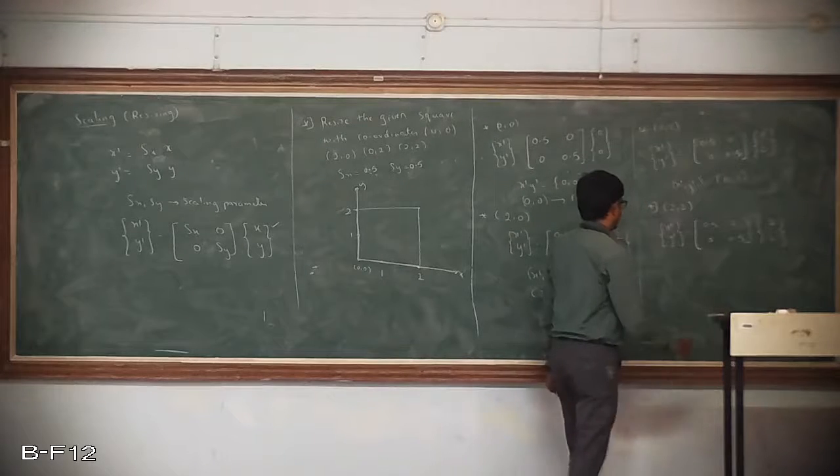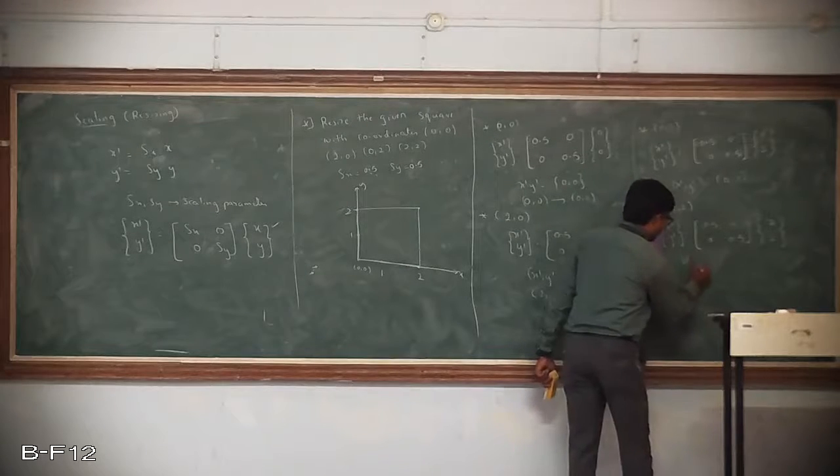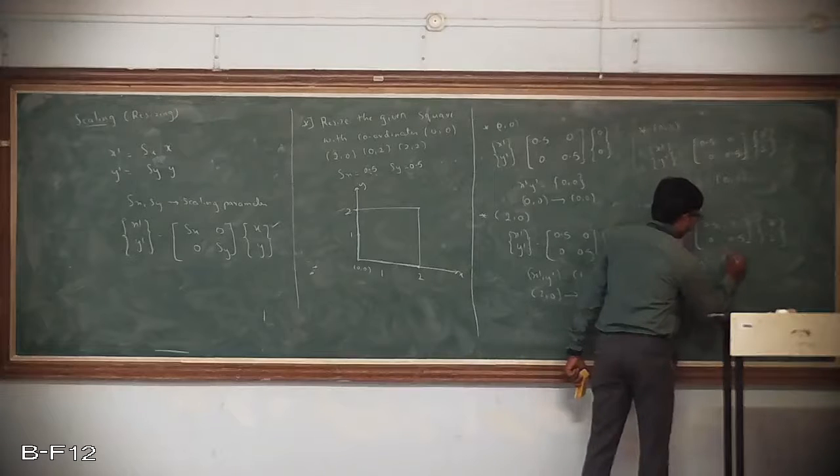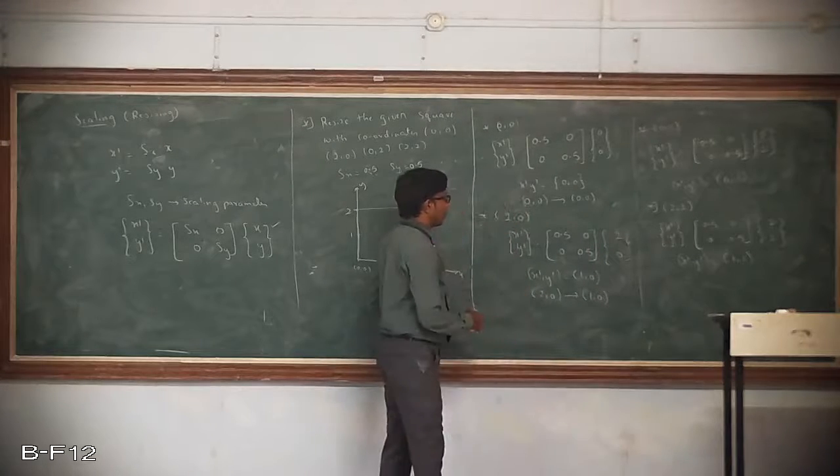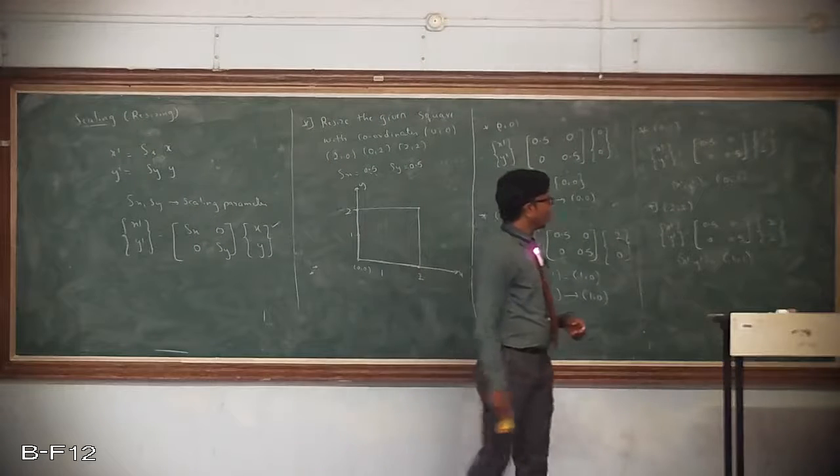So if you do it, what are the ordinates you will get? X dash y dash will be equal to 1 comma 1.